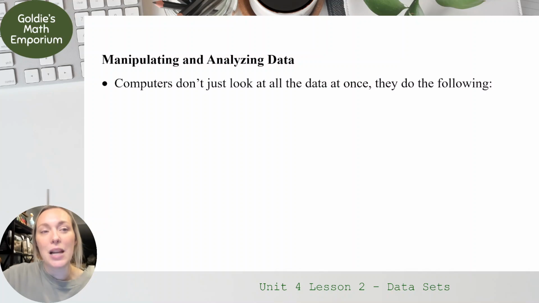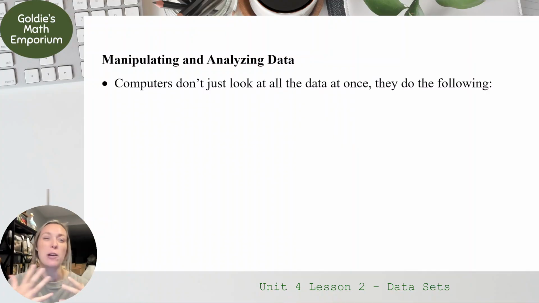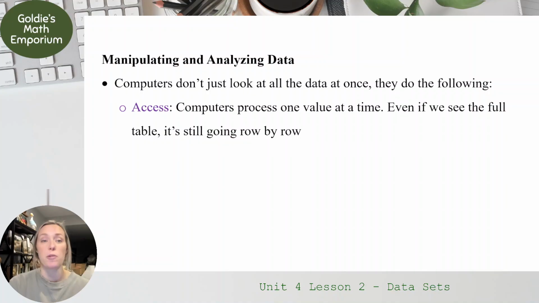Okay. Manipulating and analyzing data. Okay, so when you ask a computer to look at the data, it doesn't look at it all at once like we might if we're given a sheet of paper with data. We see the big picture, but computers can't do that. When they have data, they do the following. First, they access it. So computers process one value at a time.